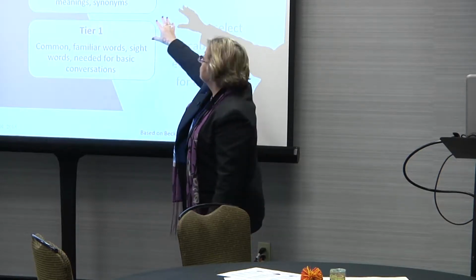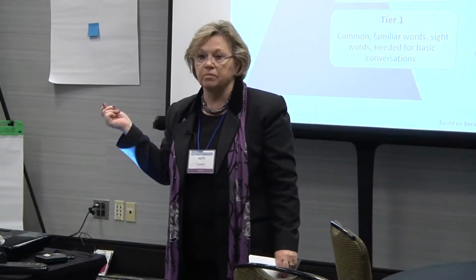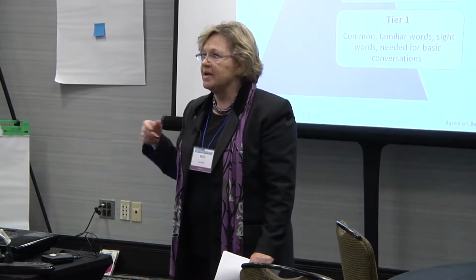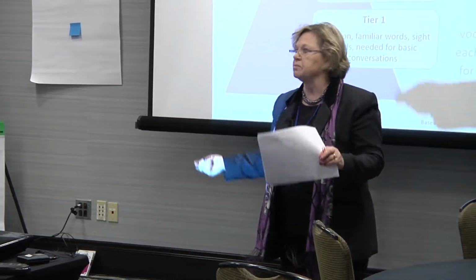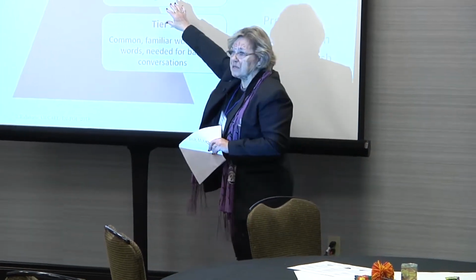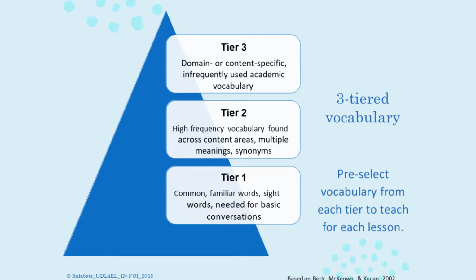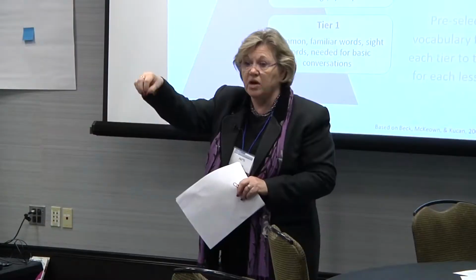Tier 2 words are those high frequency words, like the difference between sad and unhappy. You know, they mean the same thing, but a student might only know sad. So you do some similarities and differences to help them contrast vocabulary in English. And then the Tier 3 words are those words that are specific to academics that you probably would only use in this one environment.